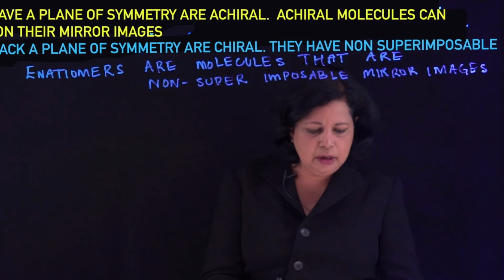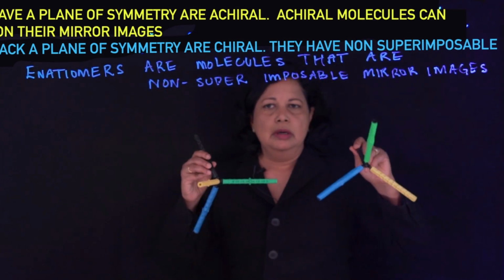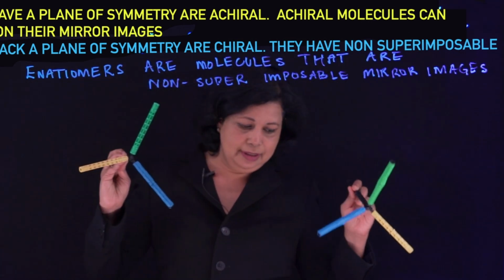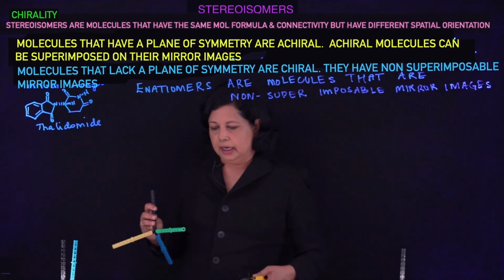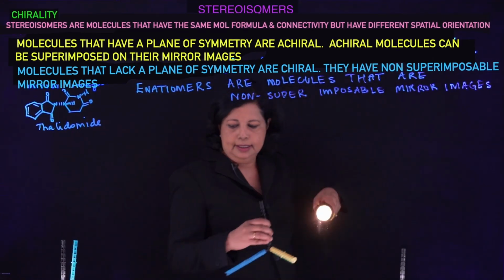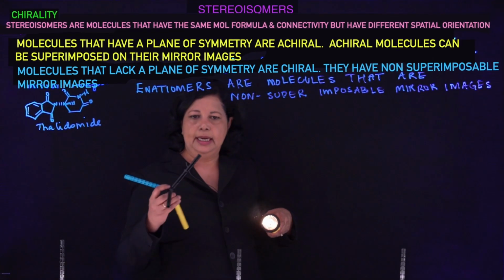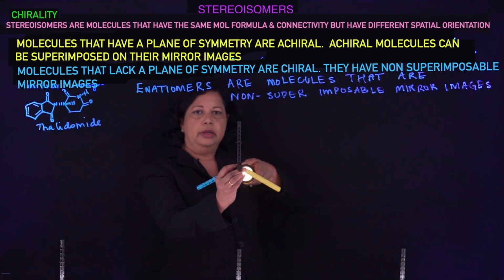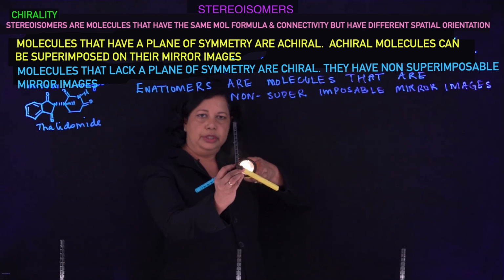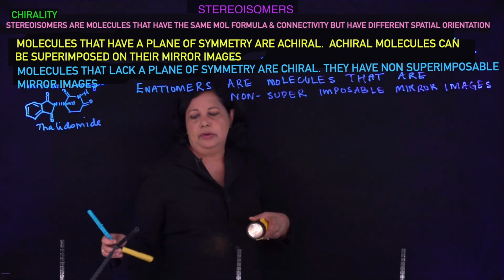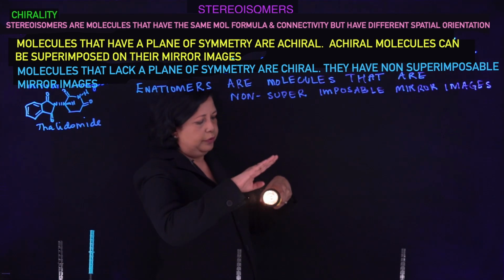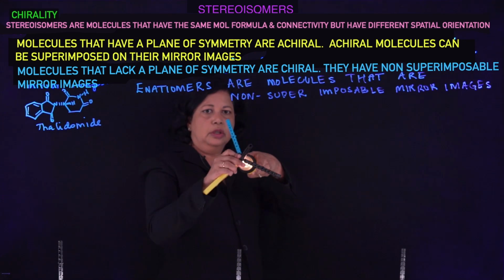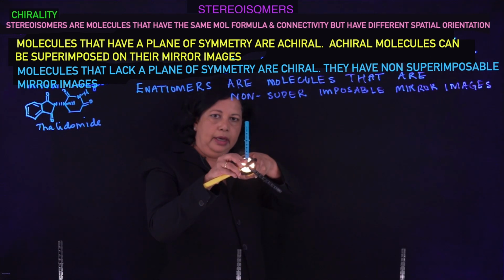So how do you know in a lab or in a physical sense that these two are different? Well, they found out that if you shine a light through an achiral molecule, it's just going to fall right where there's no deviation. Plane polarized means these rays are coming only in one direction, so it's going to go exactly where you had it.